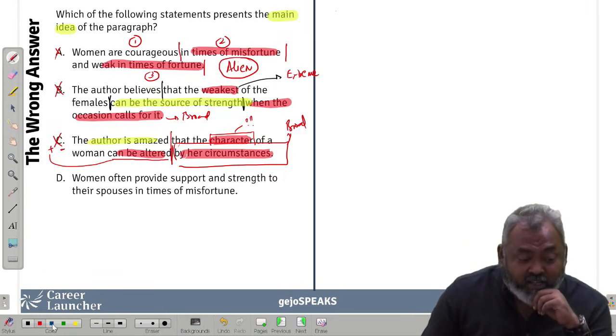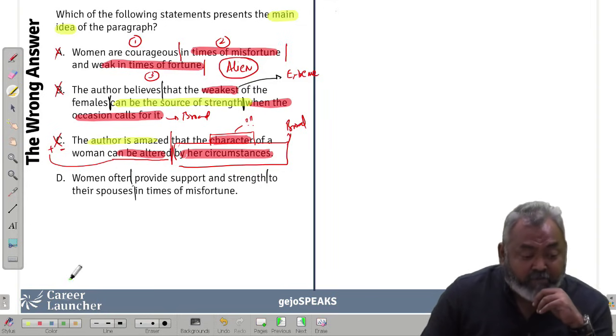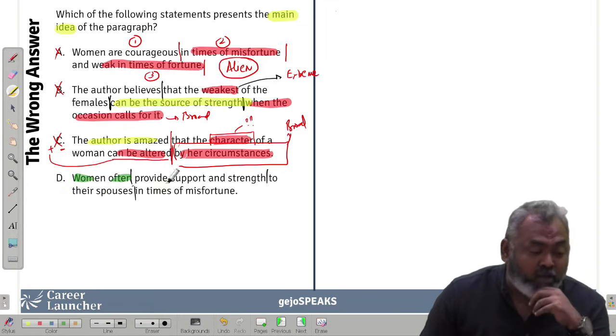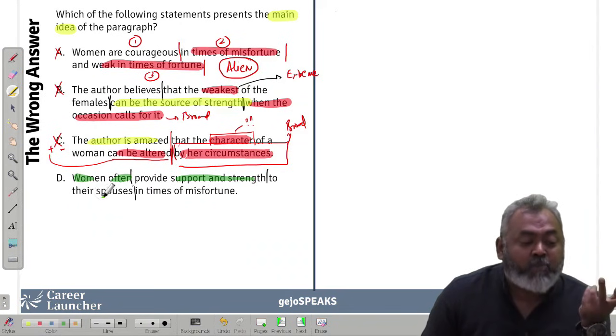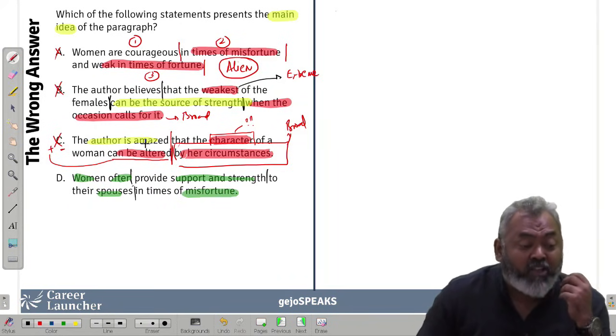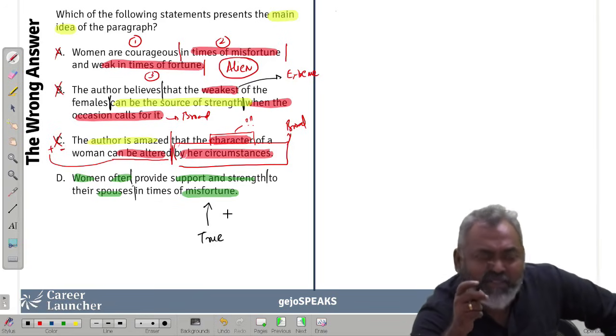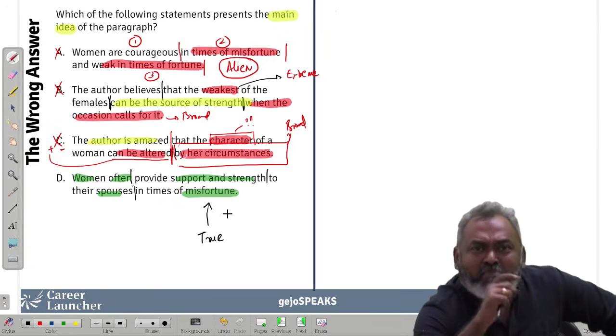If you actually check D and break it down, you get everything. You see that when women, "often" is a good word, provide support and strength to their spouses. Their spouses means their husband, in times of misfortune. This statement is 100% true. Now you might be thinking, that's a main idea?